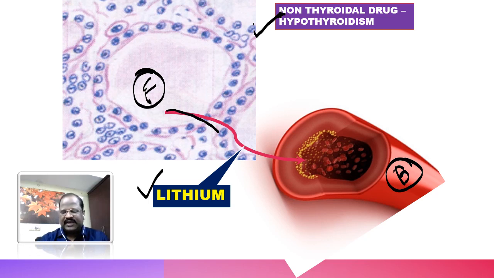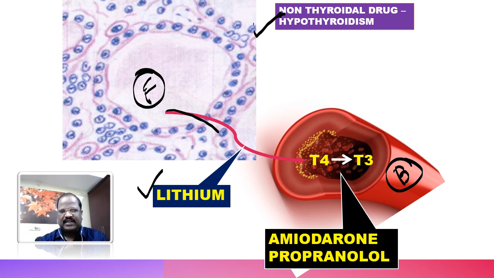And then the second MCQ: there are some anti-arrhythmic drugs inhibiting conversion of T4 to T3 in the peripheral circulation. What are they? That is amiodarone and propranolol. Remember, amiodarone is a class 3 anti-arrhythmic agent. Propranolol, a beta blocker, comes under class 2. So for an anti-arrhythmic drug able to control hyperthyroidism by inhibiting conversion of T4 to T3, think of amiodarone and propranolol.